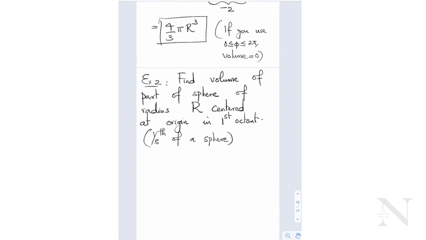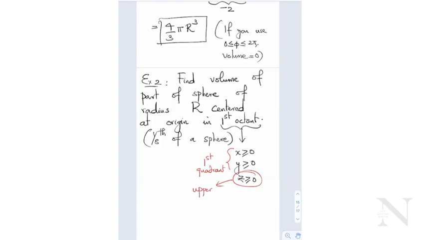The first octant is what we refer to as x greater than or equal to 0, y greater than or equal to 0, z greater than or equal to 0. In terms of what we are doing, this is the first quadrant, and this means you are in the upper half space.